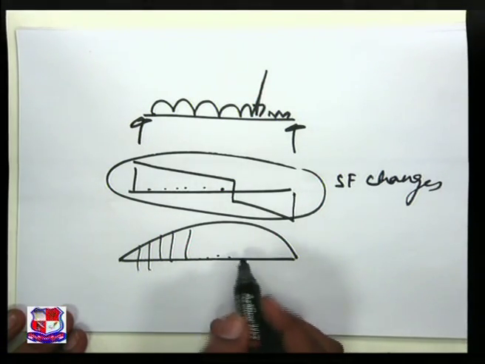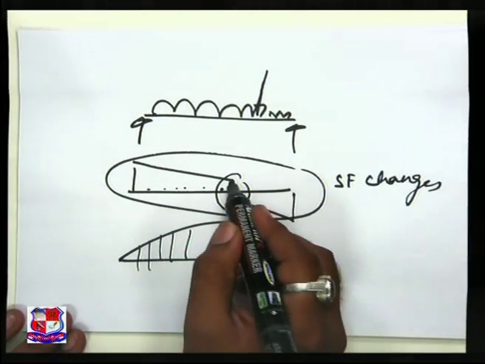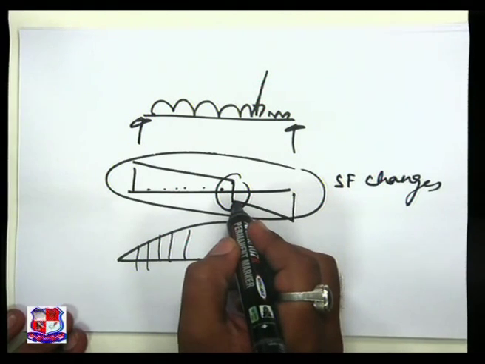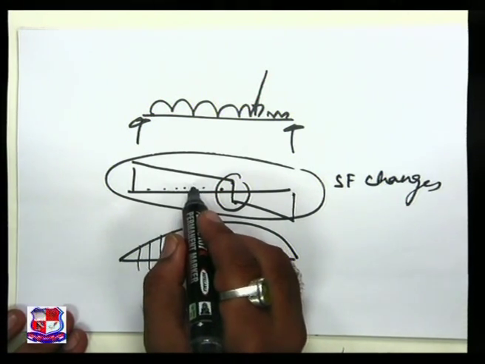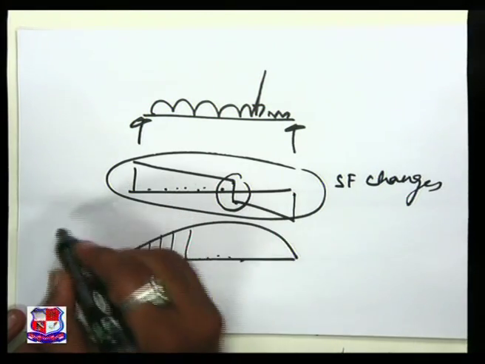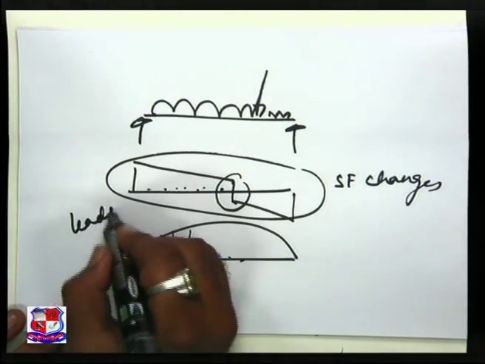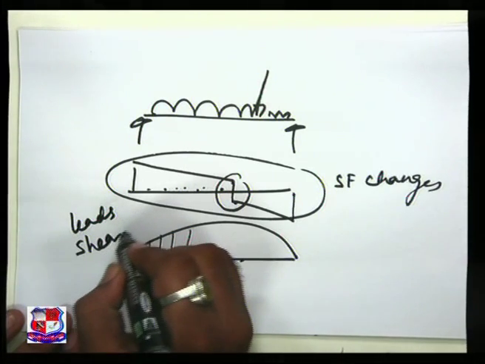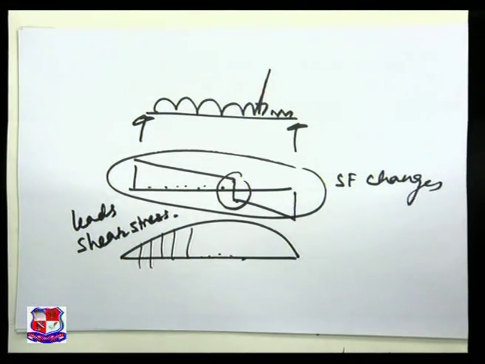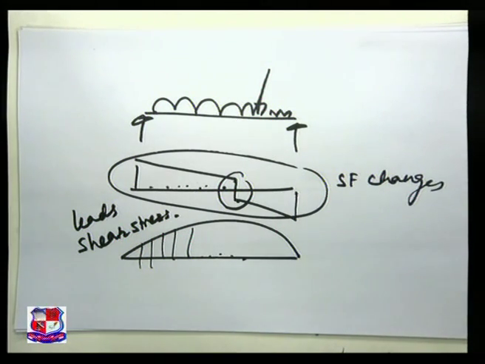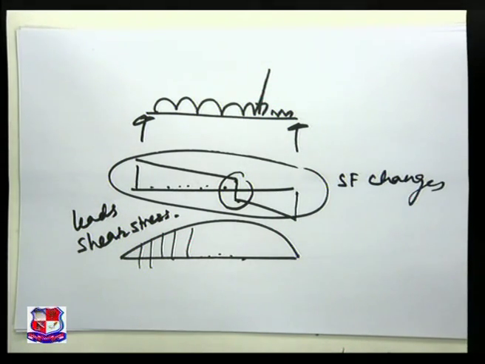Here we have a point where shear force changes sign. At all other points there will be a certain value of shear force, and this shear force leads to shear stress. Our intention is to find the equation for the variation of the shear stress.